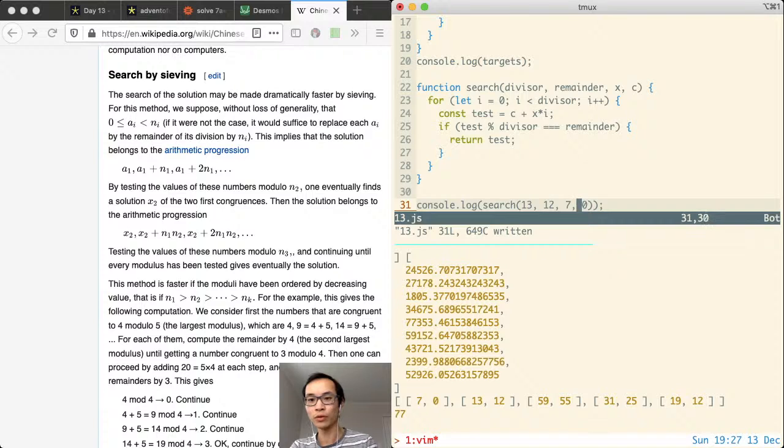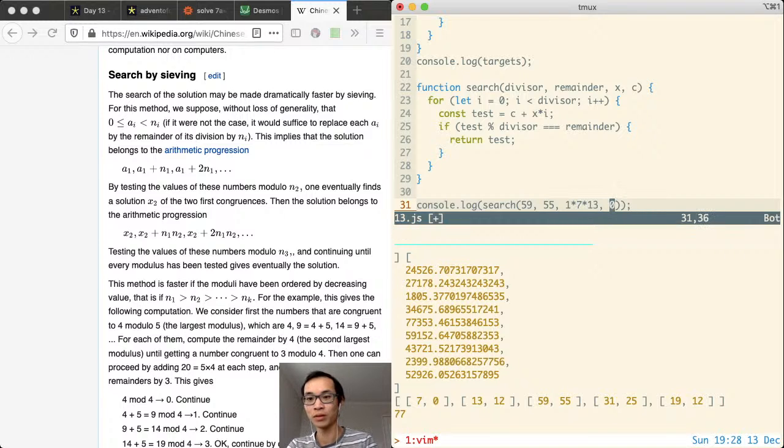Cool. So for the first round, I'm guessing this is 7, this is 0, and this is 1. So then we chuck in 13, 12, 7, which is 1 times 7, and the answer to the previous one, which was 0. That gets us 77. We chuck in the next one, 59, 55, multiply that by 13, which is the previous one.